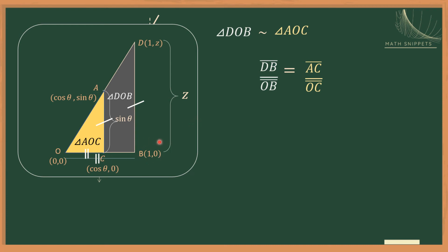So when we substitute these values into our ratio, we get Z over 1 is equal to sine theta over cosine theta. And now it's very easy to get the value of Z. We see that Z is equal to sine theta over cosine theta, or Z is tangent theta.